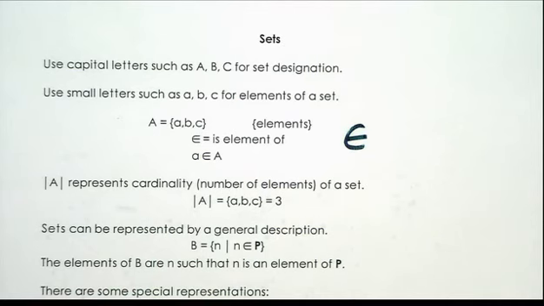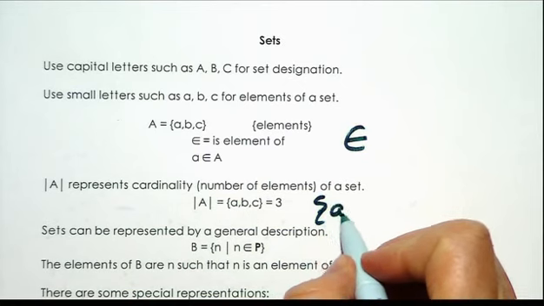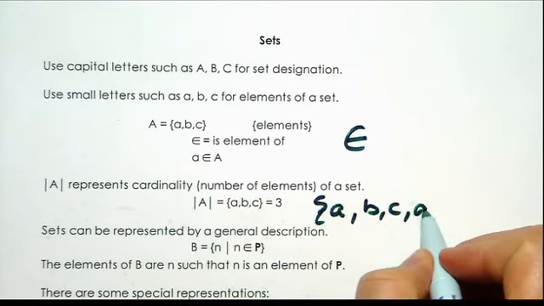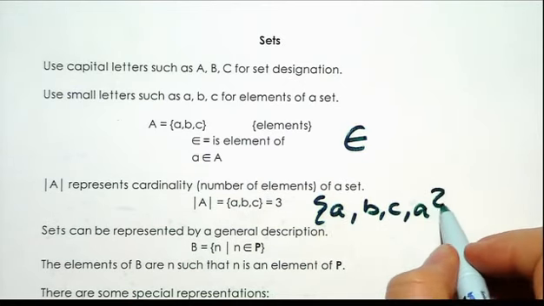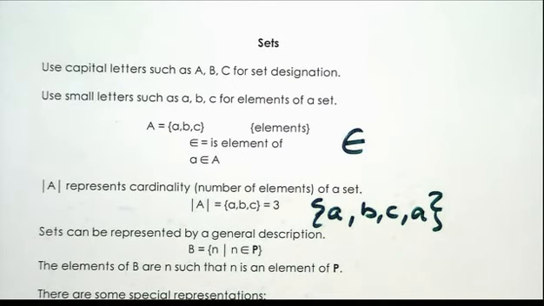Now, one thing to note is sometimes when I'm writing a set down, I might accidentally, or maybe on purpose, repeat an item in the set. But when I count the items in the set, I only count each one of them once. So, for example, if I took the list of all of your first names in this class, it is pretty likely that I would have more than one John, and more than one Matt, maybe more than one Sam, depends on the semester, okay?